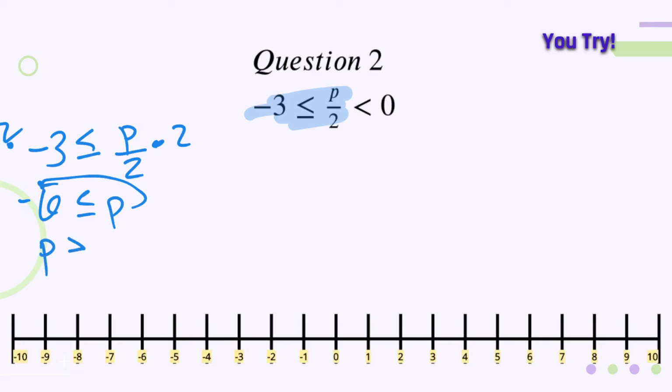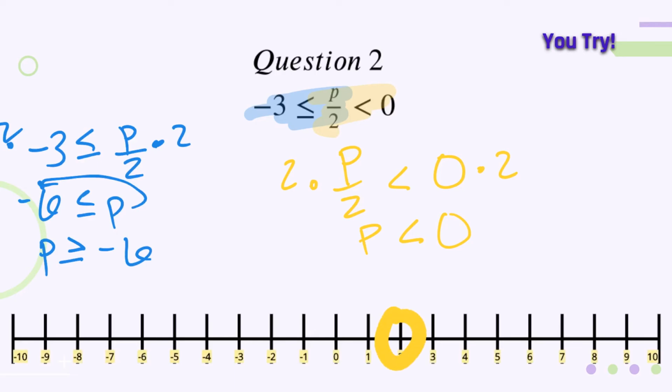So p is greater than or equal to -6. And then on the next one, I have p over 2 is less than 0. I'm going to multiply both sides by 2, and I get p is less than 0. So I'm going to draw my open circle at 0, and my closed circle on -6, and shade in the parts in between.